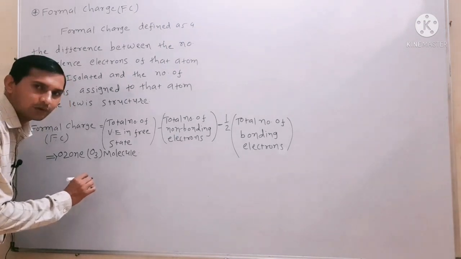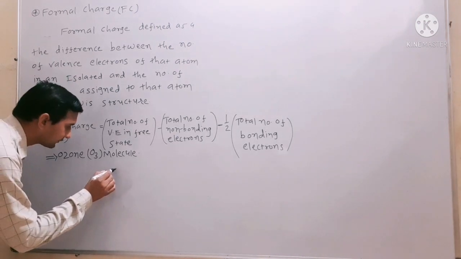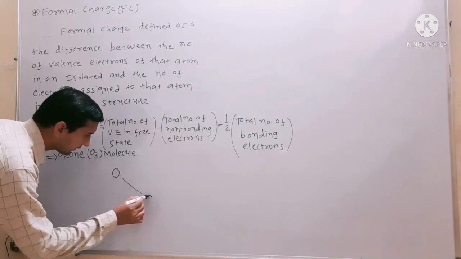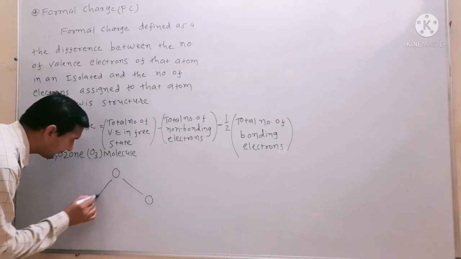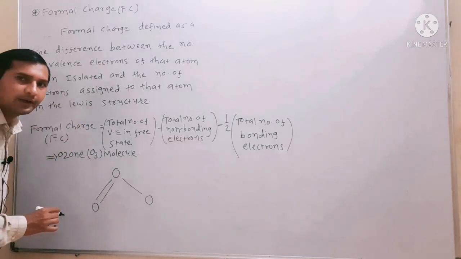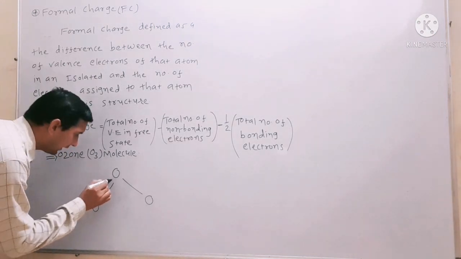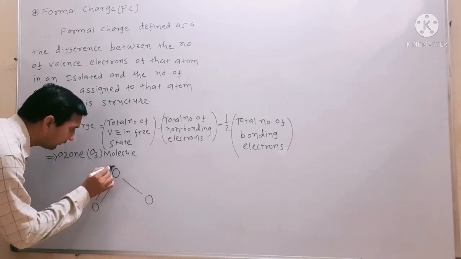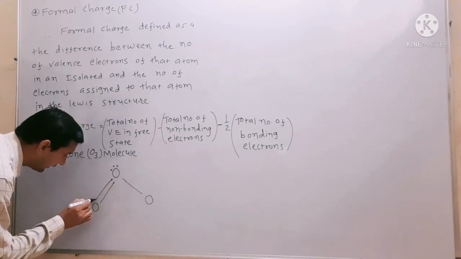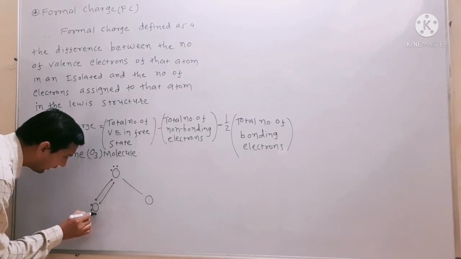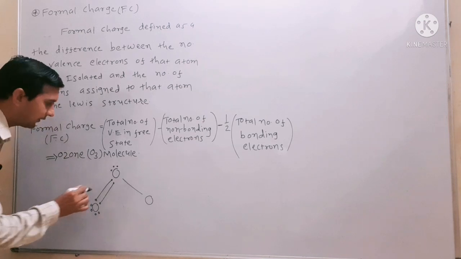The structure of ozone is oxygen, another oxygen, and another oxygen having double bonded characteristic. Here one electron, second, third, 4, 5 and 6 valence electrons.